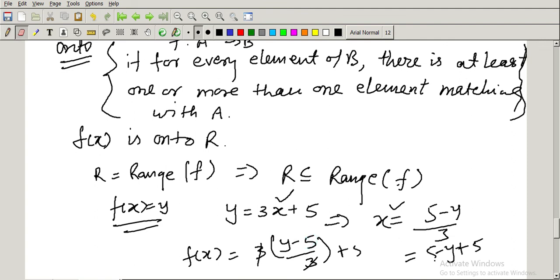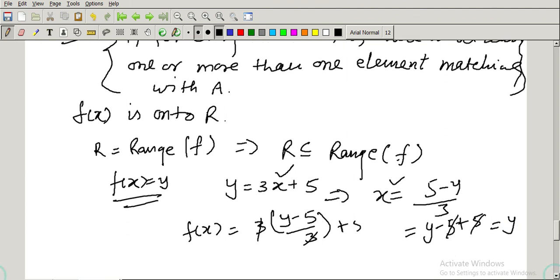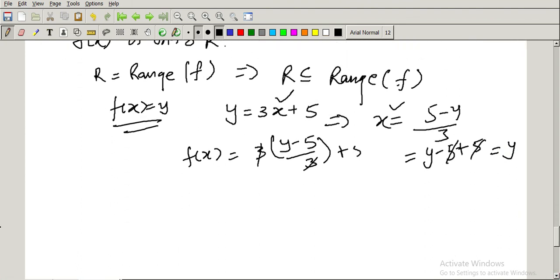So here it will be, y minus 5, so it will cancel, it will be y, right. So f(x) is your y, then y is an image of x, right. So we can say that y belongs to range of f.